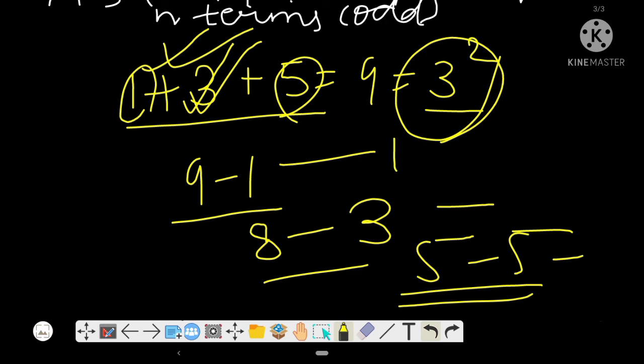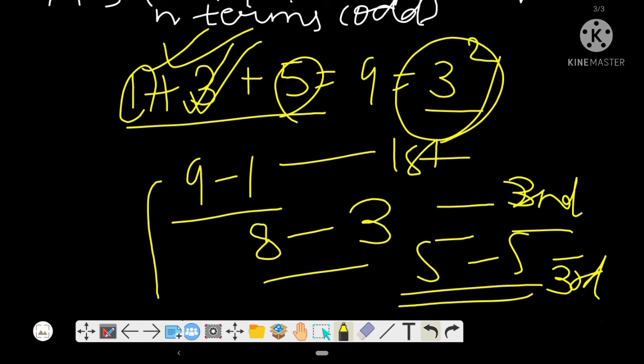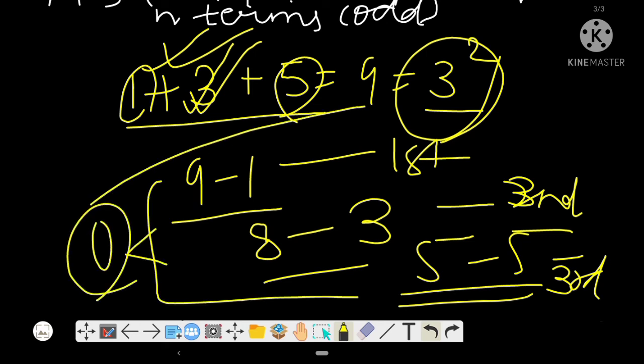How? Because of the first time, second time and third time. So the number of times we subtract until we get 0, that will be the square root of that number. This is known as finding the square root of a number by the repetitive subtraction method.